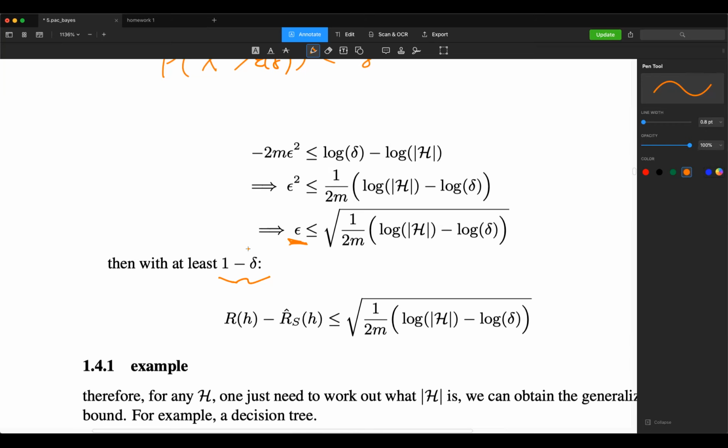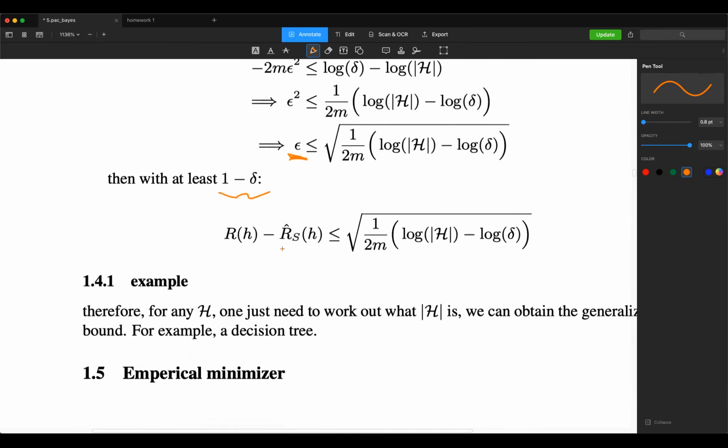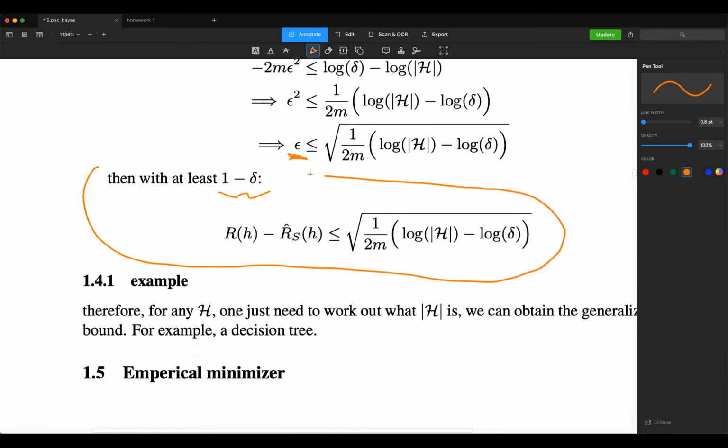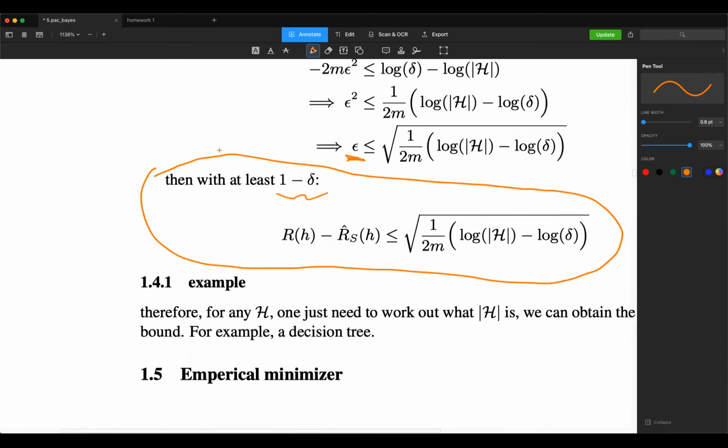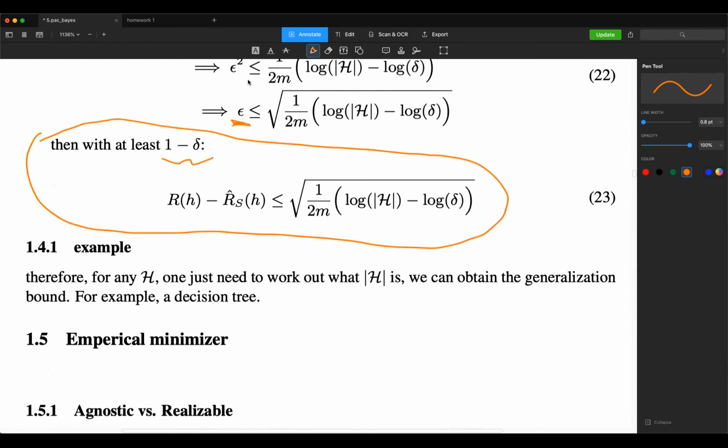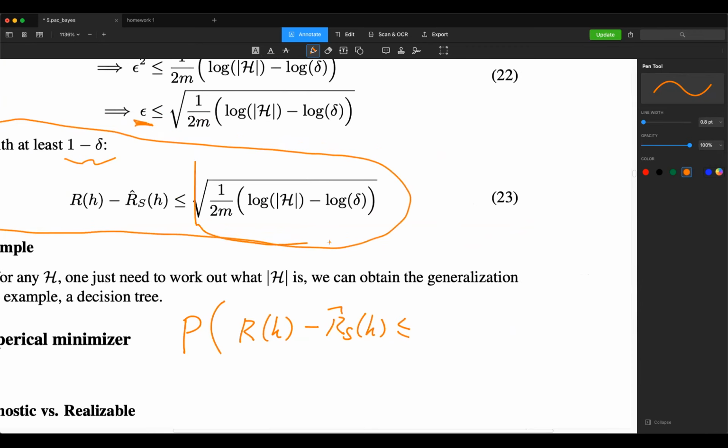Is that okay? So, by the way, if I write them out in terms of probability, how do you write them out? So that's the probability of R(H) minus R-hat(H) less than or equal to this guy here, maybe I'll just say this guy, okay?